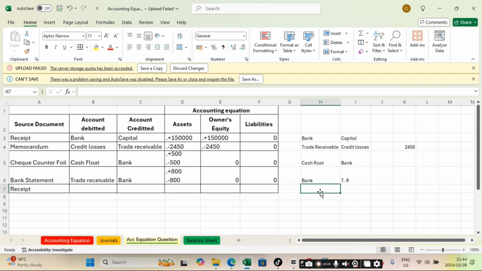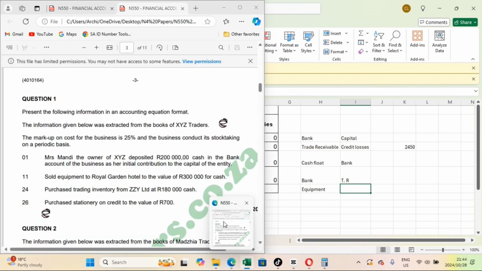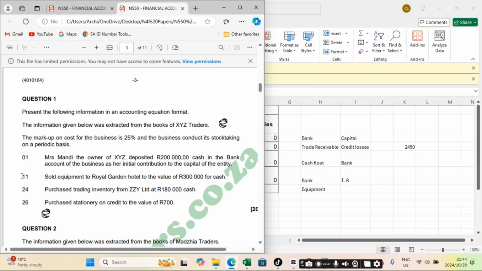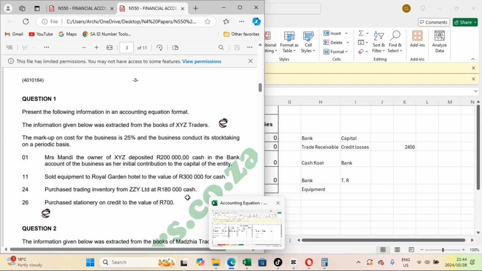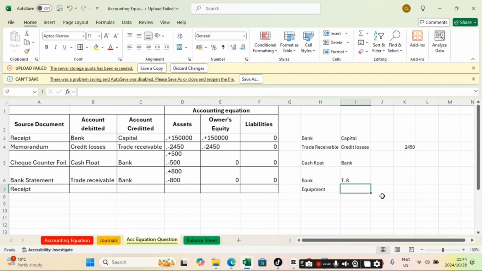We sold equipment for cash. So we're doing this transaction on the 11th. Since we sold equipment for cash, our bank will also be affected.